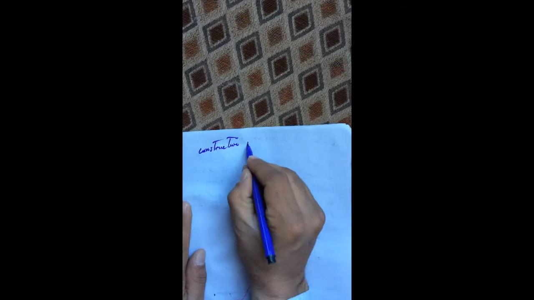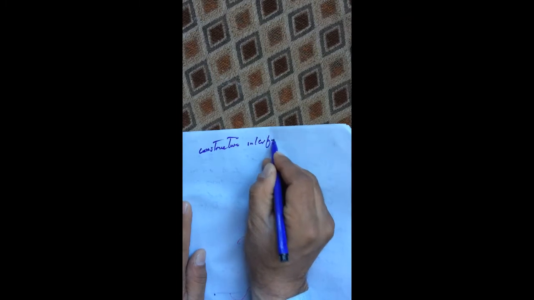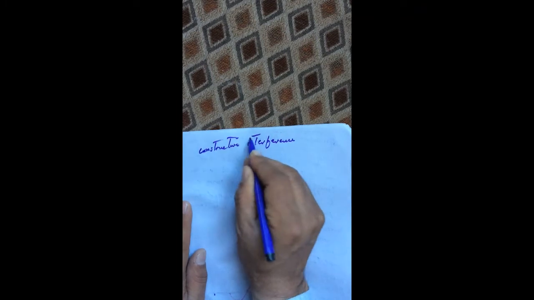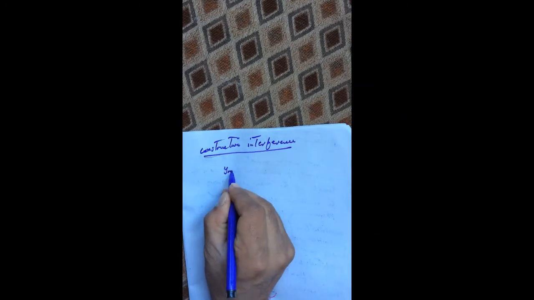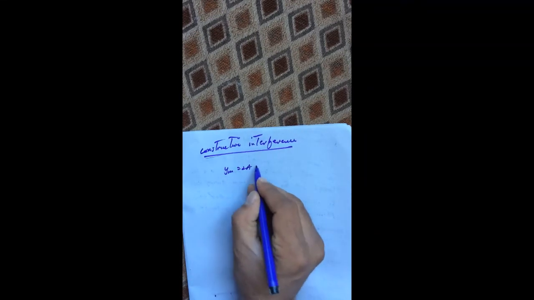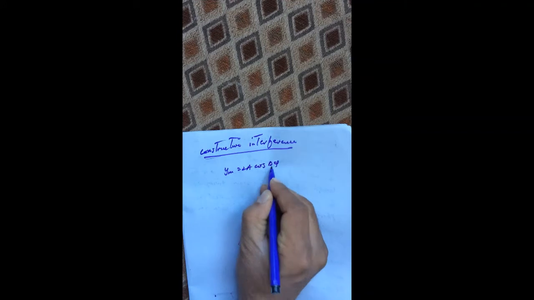Now we have the constructive interference. The amplitude is ym equal to 2a cos(Δφ/2).